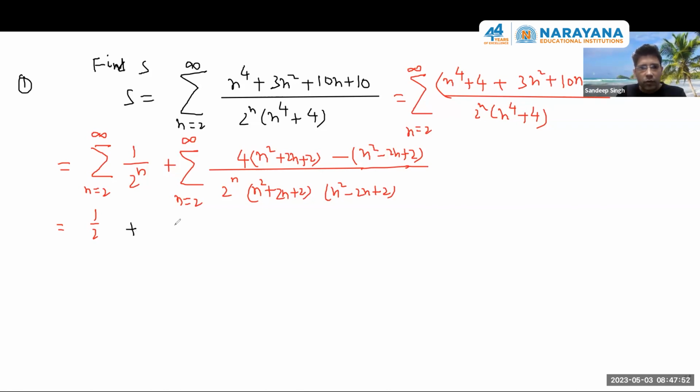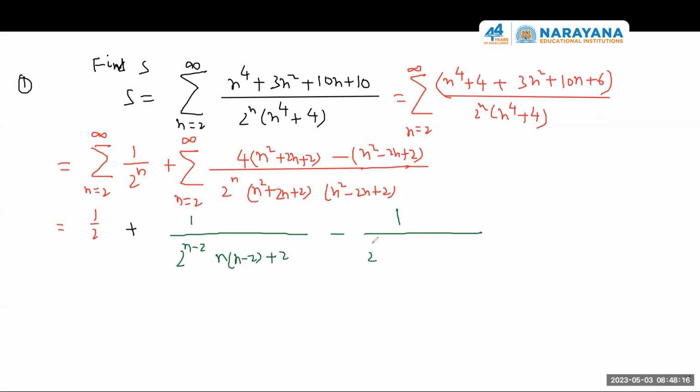So this is going to be how much? 1 upon, tell me, 2 power n minus 2 into n into n minus 2 plus 2, minus 1 upon 2 power n into n plus 2 and then plus 2.